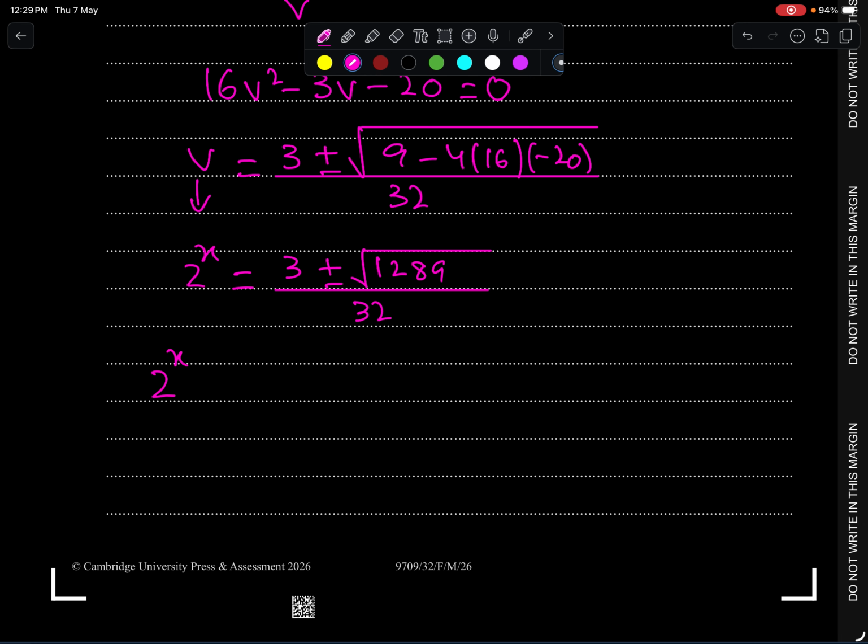So we have two possibilities. One is 2 power x equals 3 plus root 1289 divided by 32, and the other one is 2 power x equals 3 minus root 1289 divided by 32.